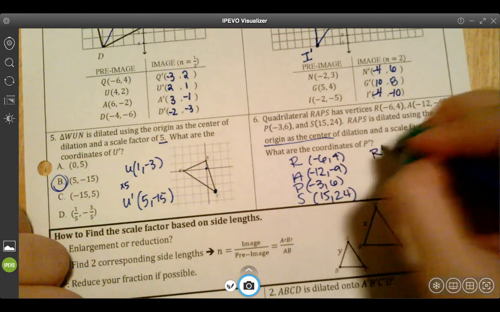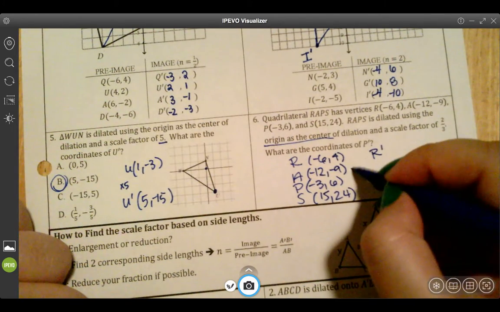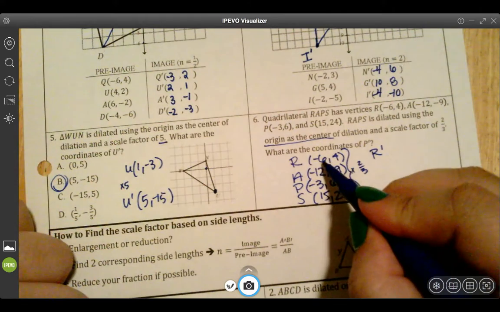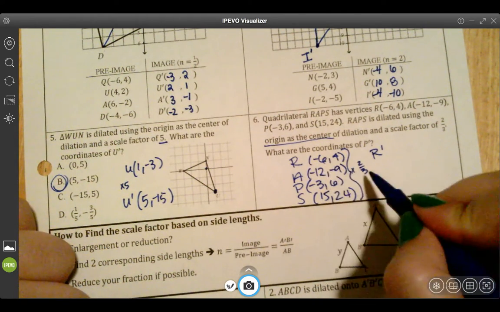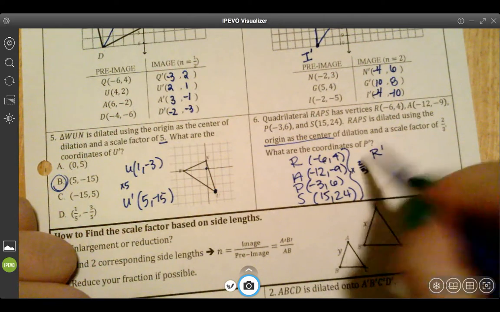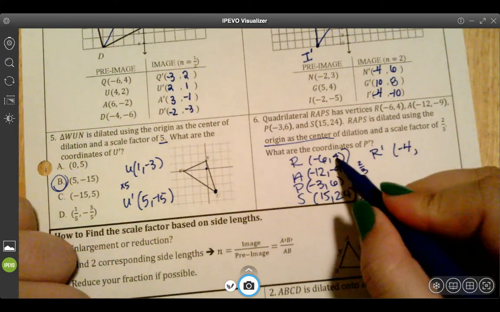To find R prime, I take negative 6 times 2/3. All of this times 2/3. Well, I'm going to do divided by 3, then times 2. Negative 6 divided by 3 is negative 2, times 2 is negative 4.